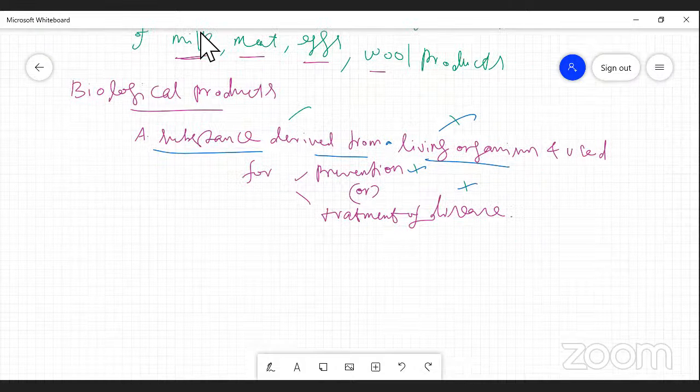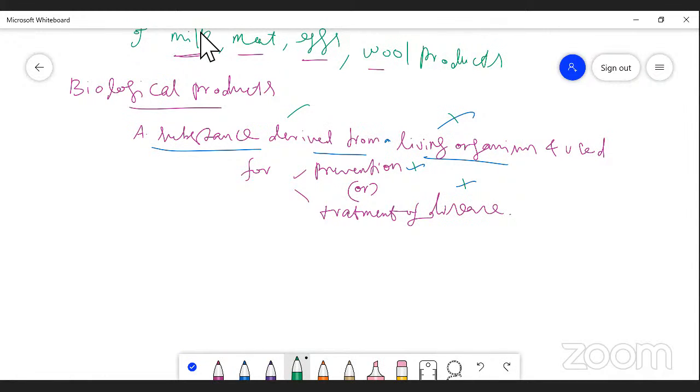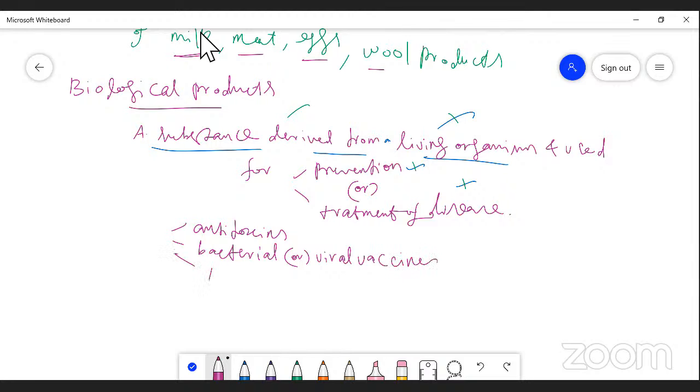What are the biological products? Some of these biological products are antitoxin, bacterial or viral vaccine, blood product, and hormone extract.